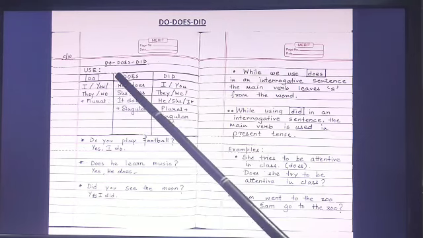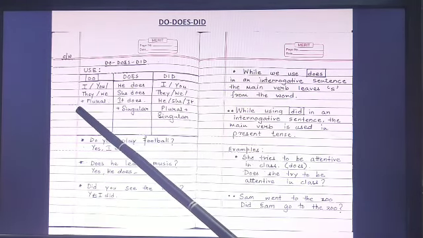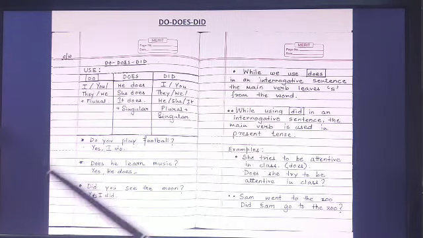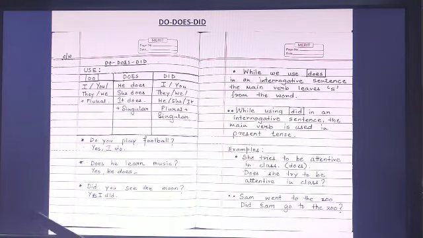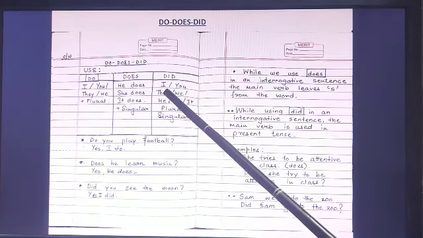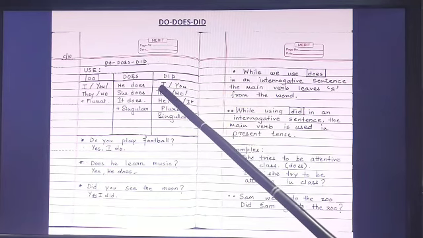Now, do and does are used in the simple present tense, but did is used in the simple past tense. So in simple past tense there is no division again, it's only one, that is did.